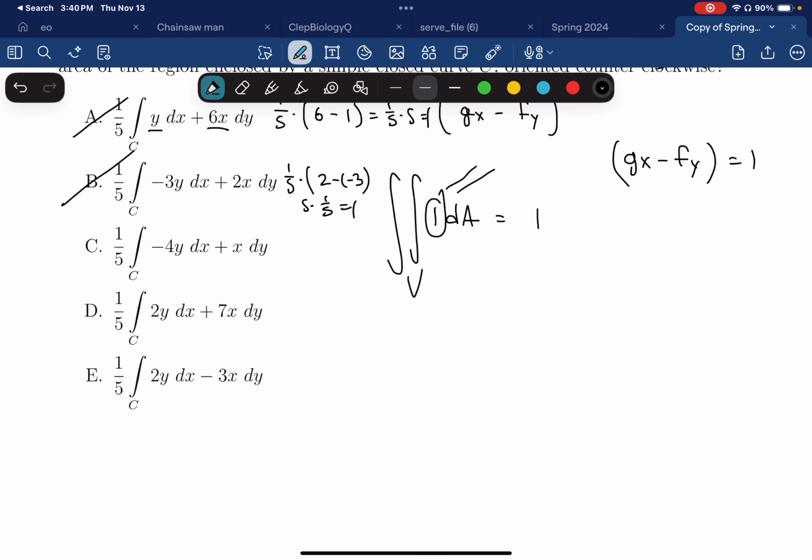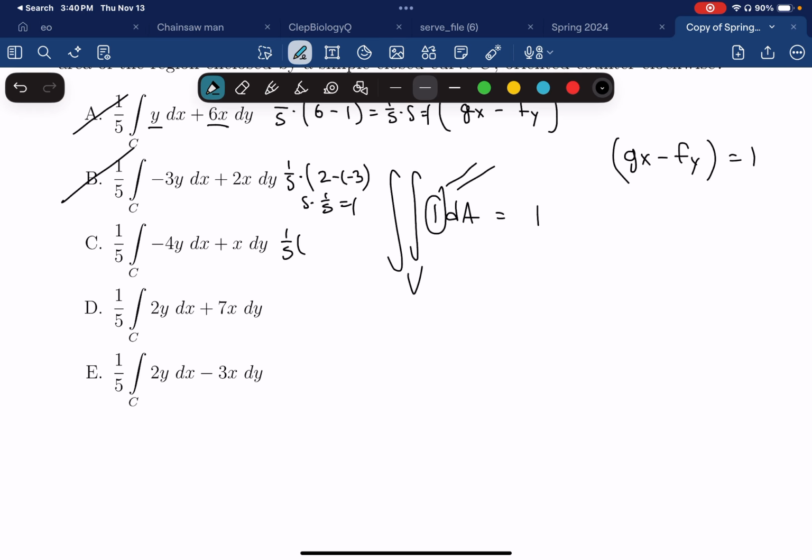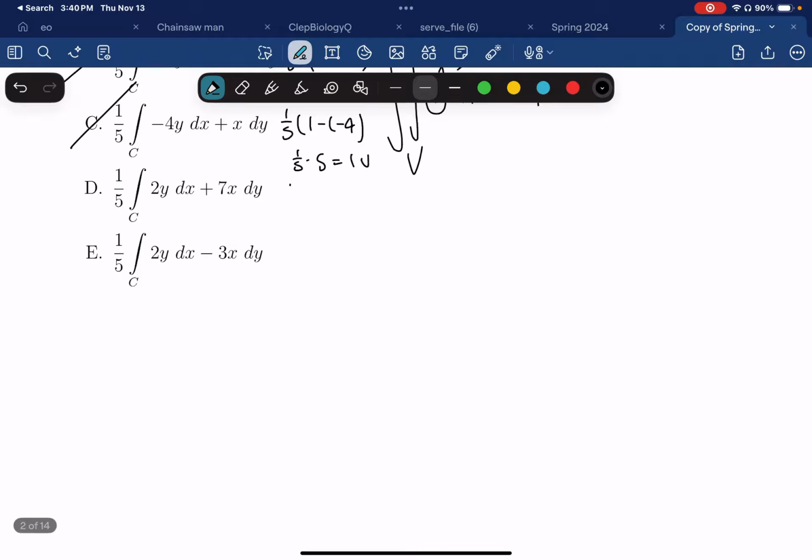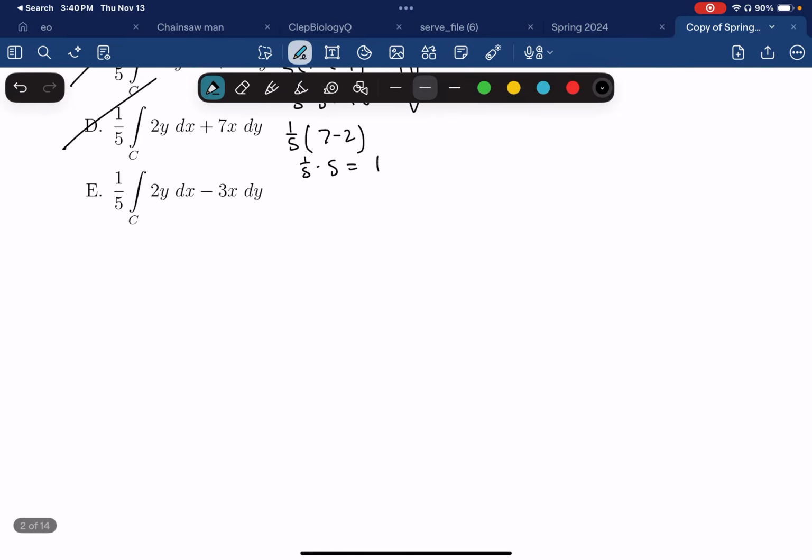Can't be B. 1/5, this would be 1 minus -4, which would be 1/5 times 5, which is 1 again. Can't be C. For D, it would be 1/5, 7 minus 2, which would be 1/5 times 5, which is equal to 1. So it can't be D either, so it has to be E, but let's check it anyways.